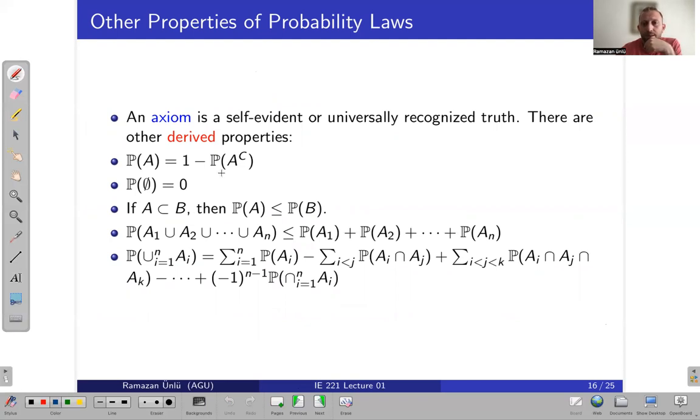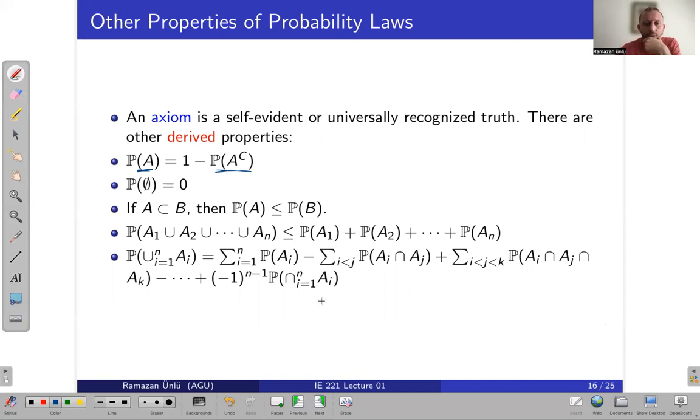So in my sample space, there is one event, which is A, and A and A complement are disjoint events, right?